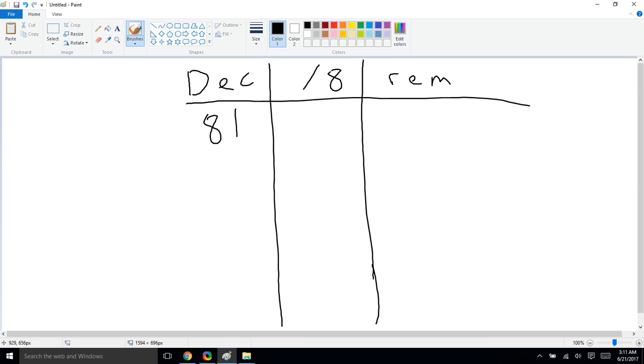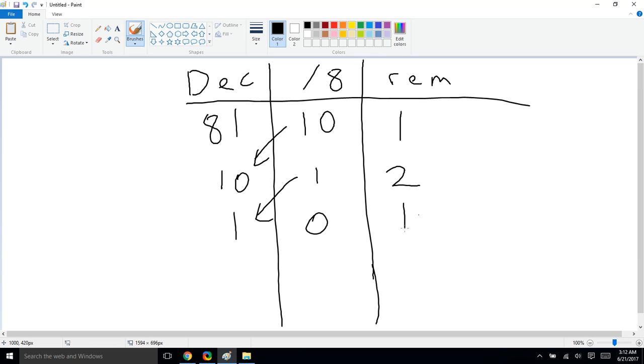There's a remainder of 1, and it went in 10 times. And then I take that number. I want to look at 10 now. 10 divided by 8. There's a remainder of 2, and it went in once. Now 1 does not divide 8 at all, and there's a remainder of 1.